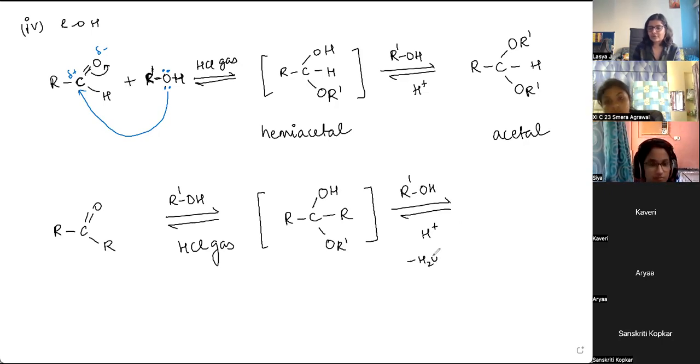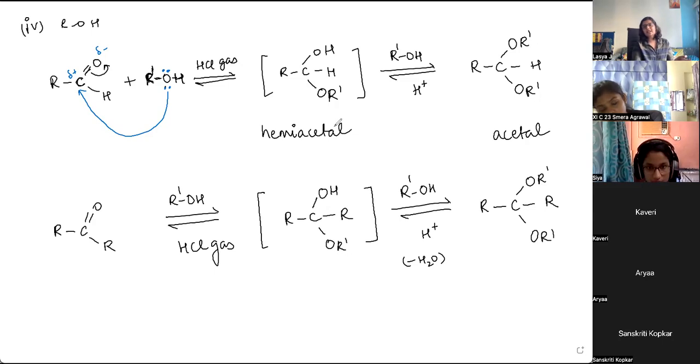So one water molecule is lost, and you end up getting R, C, OR dash, OR dash, and then R. So if this is a hemiacetal and this is an acetal, what do you think the name would be when the reaction takes place with a ketone?